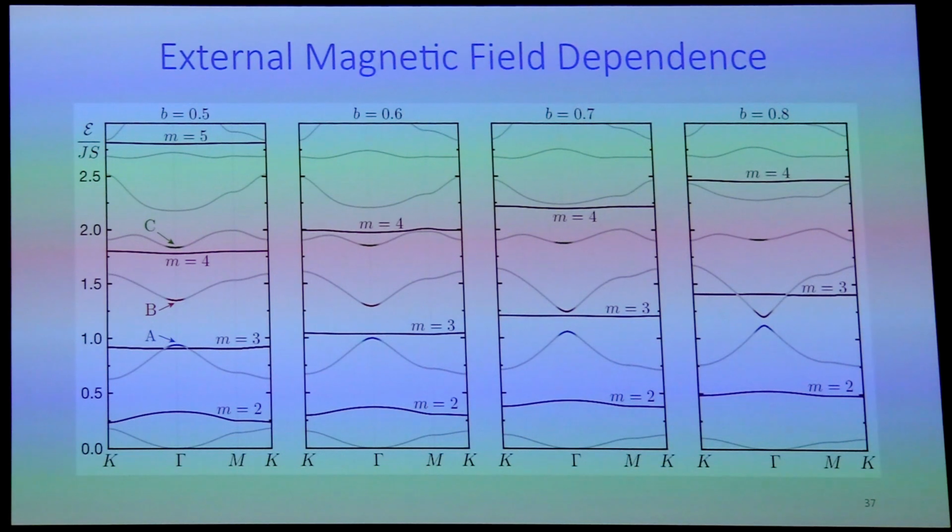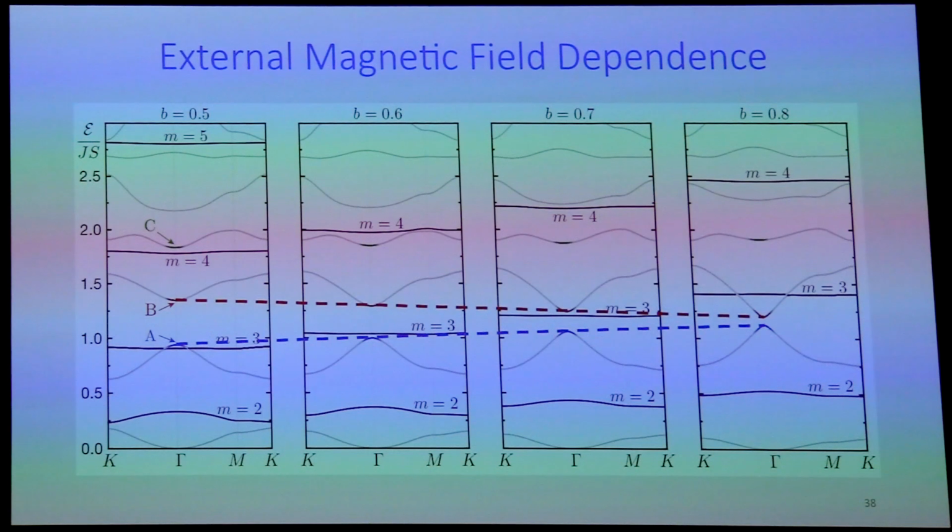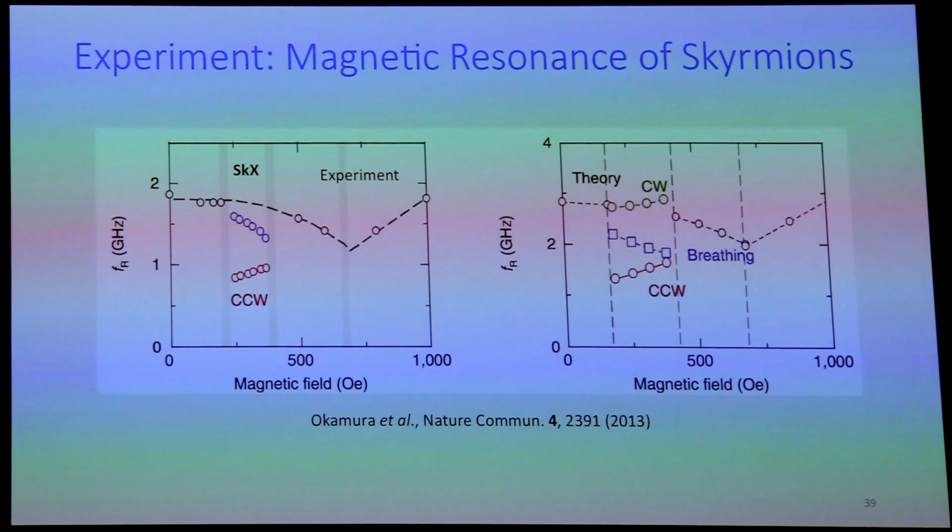A different story happens with the anticlockwise and breathing modes. So there I'm highlighting the trend, as you increase the magnetic field, of those two modes. You see how their energy difference becomes smaller and smaller. Now the plot thickens, because this is something that they have observed experimentally as well.